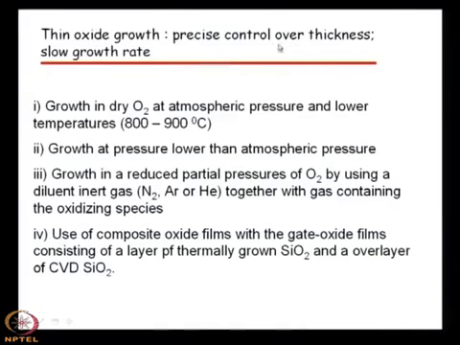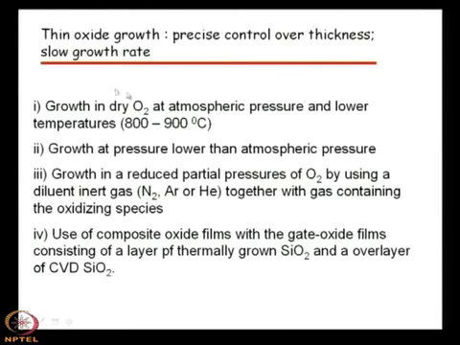Thick oxide layers are grown, and in that case obviously we will not use dry oxidation, rather we shall go for wet oxidation or oxidation by the CVD technique or other techniques that we shall discuss in later stages. So, precise control is important, and the growth rate must be slow enough.